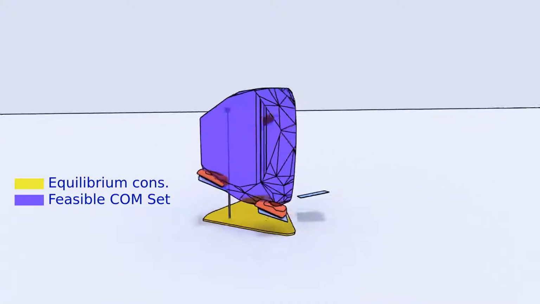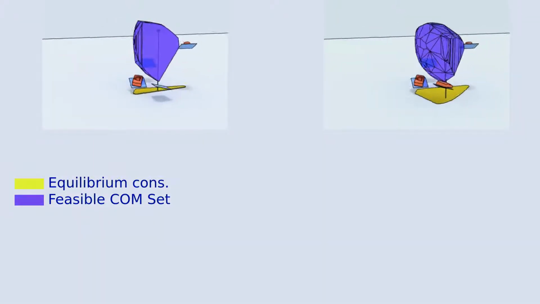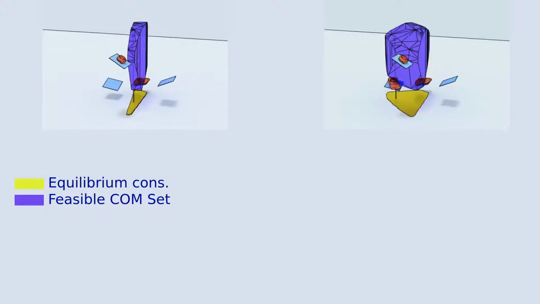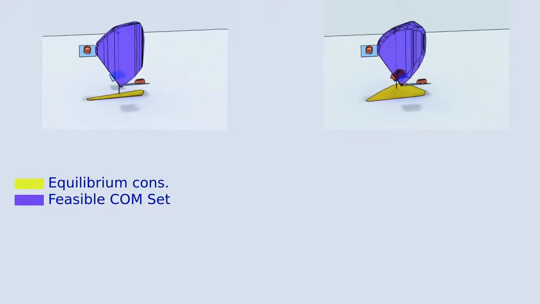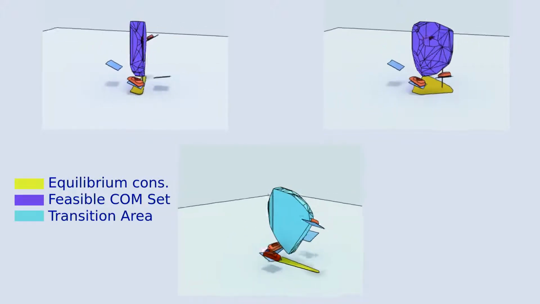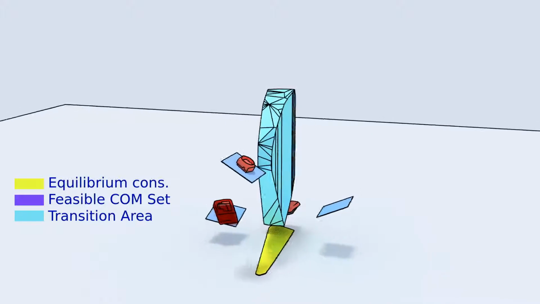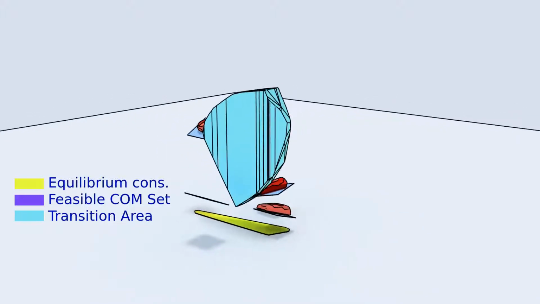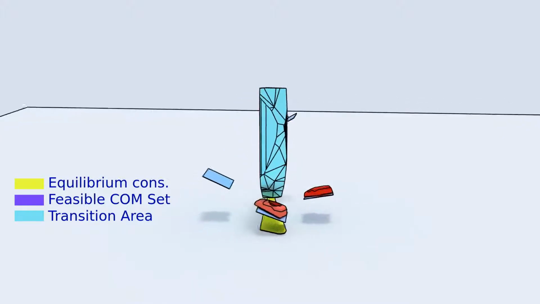The intersection of the purple polytopes of consecutive contact phases defines the feasible transition set where the COM constraints of both phases are satisfied. This blue polytope defines the set where the right foot can be safely removed without losing balance nor violating kinematic constraints.